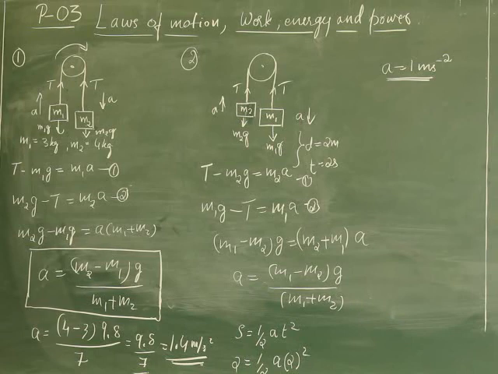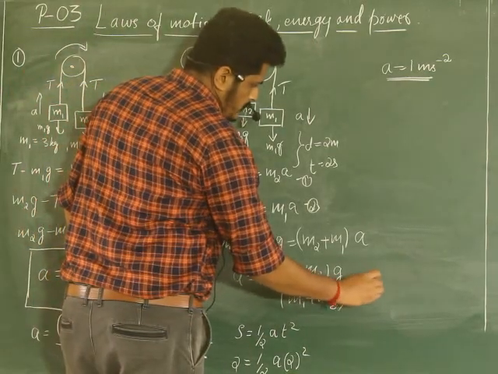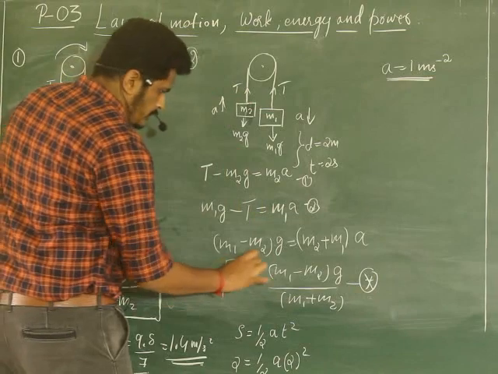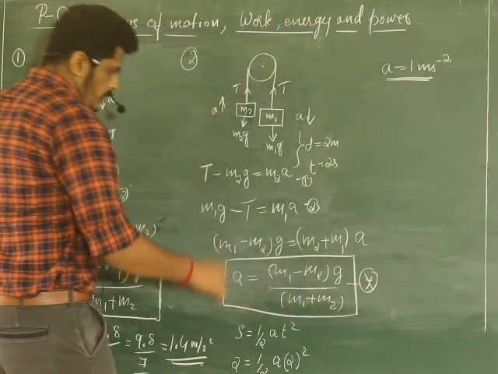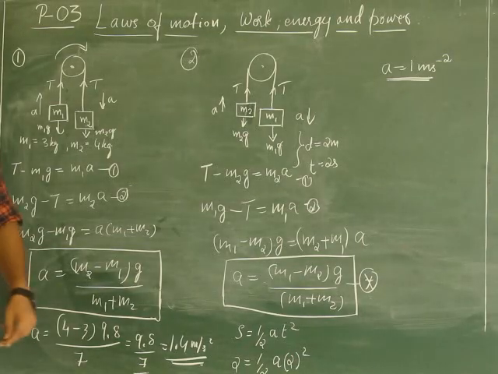So now what I can do is apply that acceleration value in this equation. Which equation? I can take this one as star, okay. Because in the options, they have given the ratio of M1 by M2, that is why.